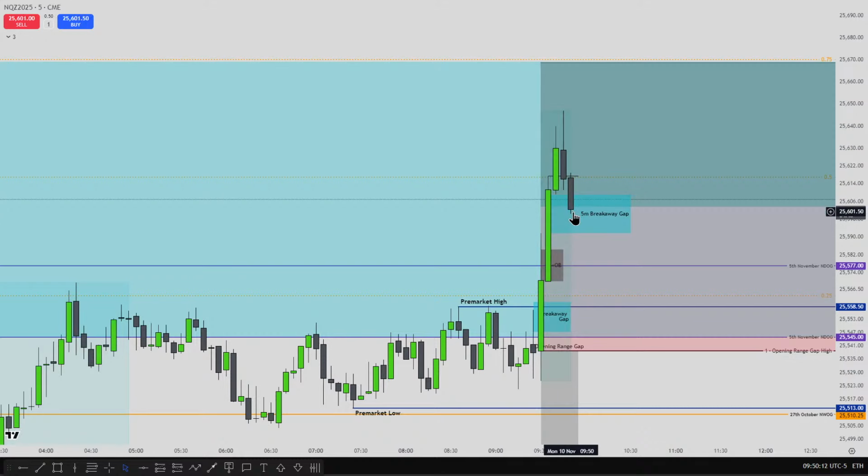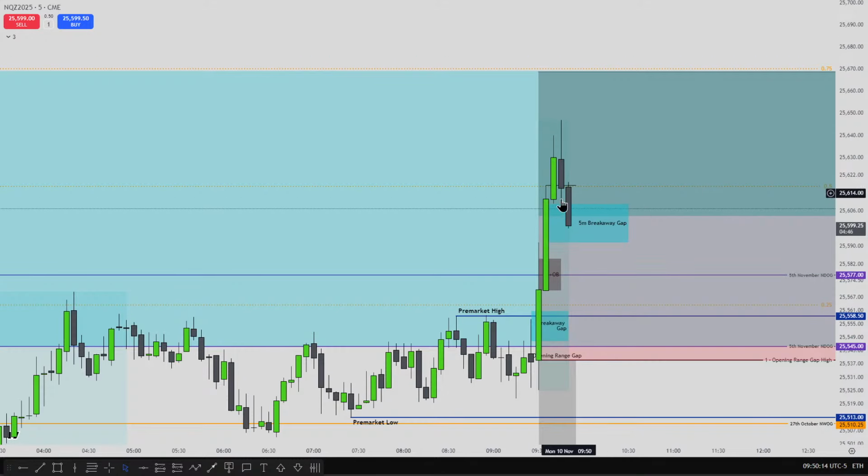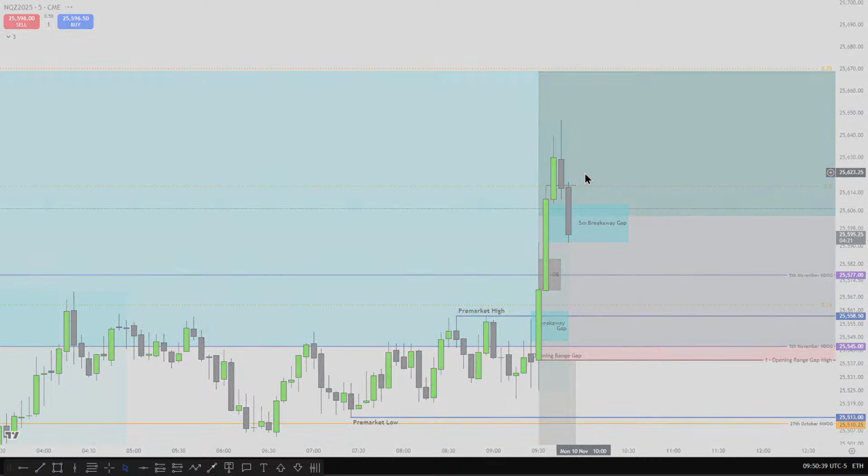Okay, the 5-minute gap's entered. That's fine. If we can see it find support and then give us this candle high, close above this candle's closing price or opening price. Let me say that again. If this 5-minute or the next 5-minute candle can close above 9:45's 5-minute candle opening price, that would become a bullish order block, and that would again be favorable for longs.